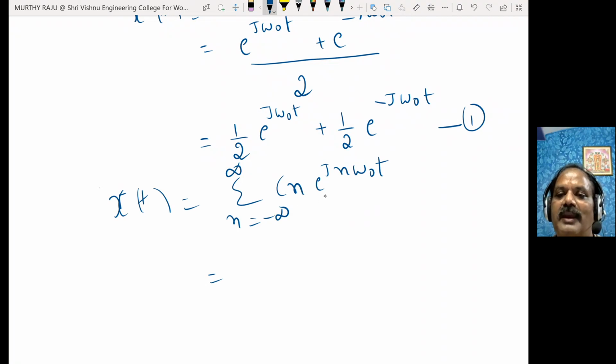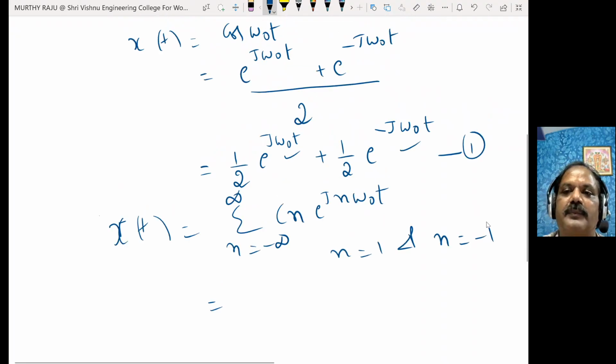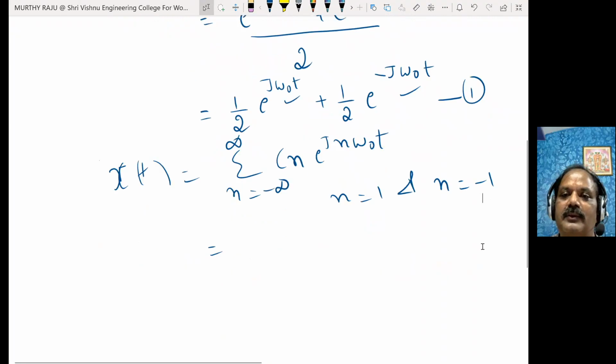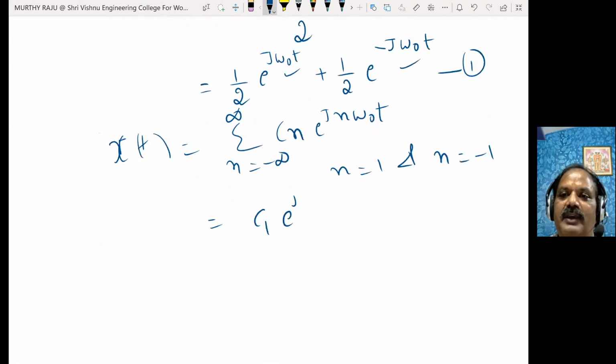Put n is equal to 1 and n is equal to minus 1. n is equal to 1 means C1 e power j omega naught t. n is equal to minus 1, C minus 1 e power minus j omega naught t. Therefore, consider n is equal to 1 and n is equal to minus 1. These two values are substituted in the above equation. That is equal to C1 e power j omega naught t plus C minus 1 e power minus j omega naught t.